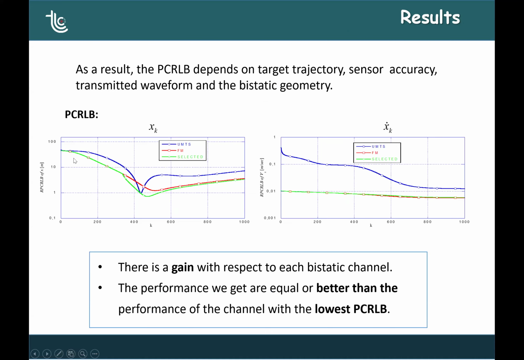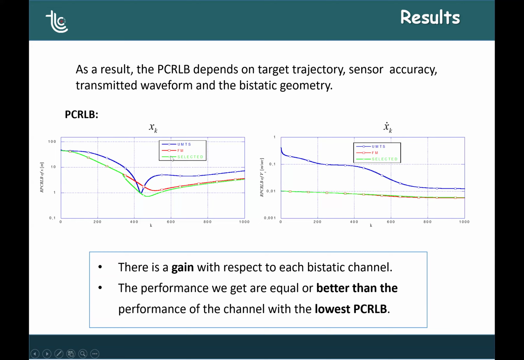So see here, this is the goodness of the estimation using the UMTS channel. And you see that the accuracy in some areas is not particularly good. Then FM is the red one. So in some areas, the FM is better than UMTS.